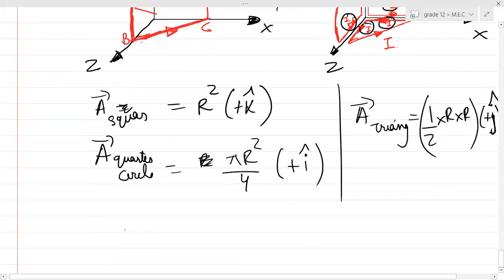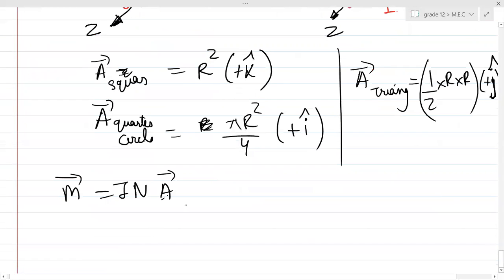This is the area vector. Hence, the magnetic moment will be equal to I into n into A vector, and A vector will be the sum of these vectors. Can you see? So it will be I into n is 1, A is r square k cap.